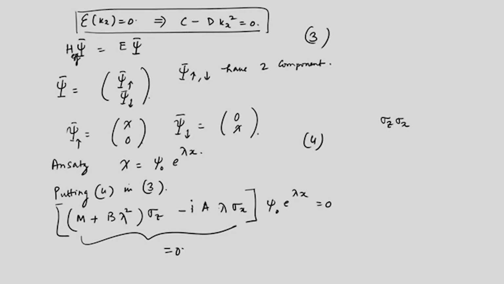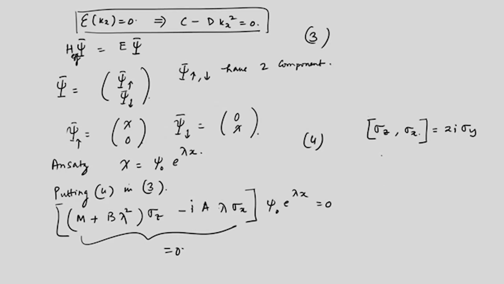So, let me just write down something to help you in getting this step. We have written this earlier, that sigma i sigma j, so sigma z sigma x, is equal to 2i sigma y; that is the commutation relation. And what is the anti-commutation relation?